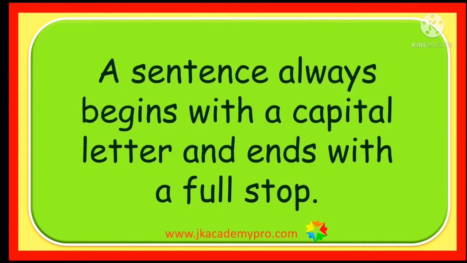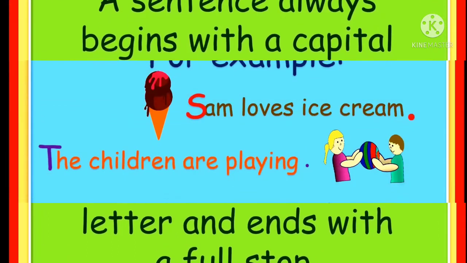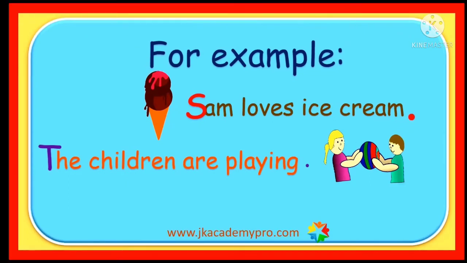And a sentence always begins with a capital letter, which means the first letter of a sentence will always be capital. And we use a full stop at the end of the sentence. Then only the sentence is considered complete or correct. So always take care of these rules. Always make the first letter capital and put a full stop at the end of the sentence.